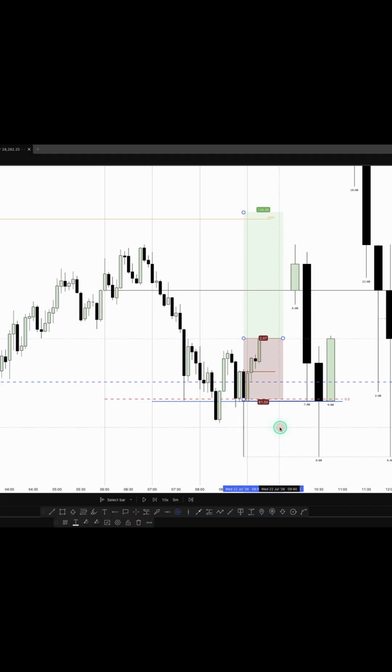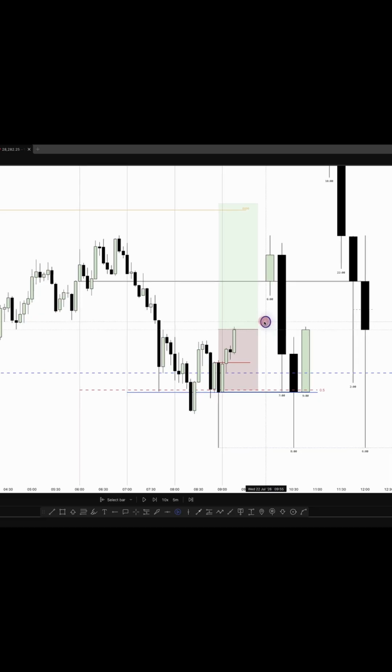I don't want price to come below this blue line because that's previous day midpoint. I don't want that. And I certainly don't want price to come below this dotted line, which is the 8 o'clock candle. So in a lot of my trades, I measure the order block, which is this down close candle here.